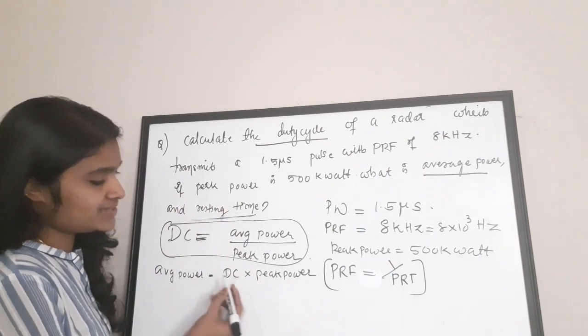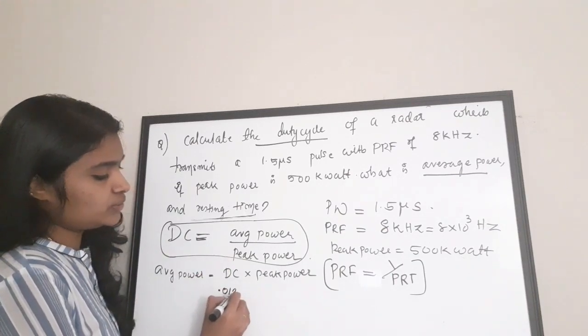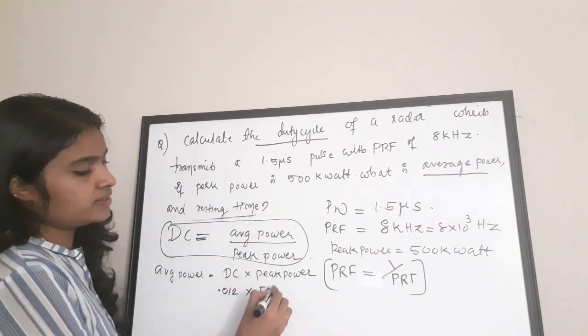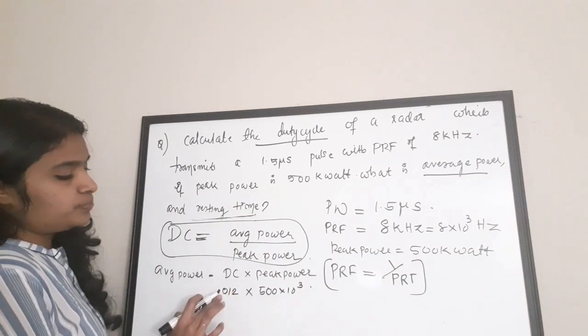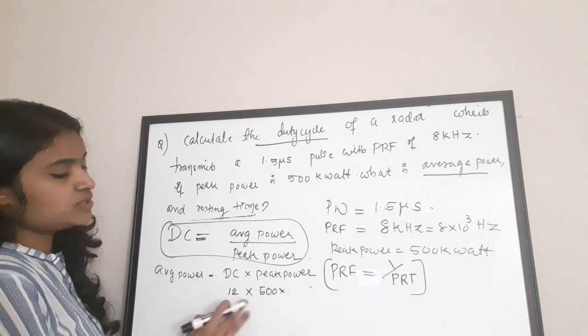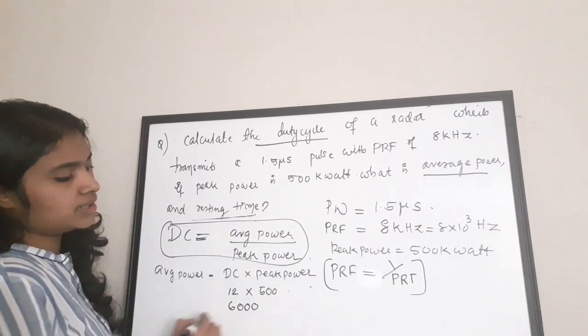So DC is duty cycle, don't get confused. 0.012, right, into peak power, which is 500 kilowatts, so 500 into 10 raised to 3. Now, 0.012 into 10 raised to 3 will be 12. 12 into 500 will be 6,000, right?